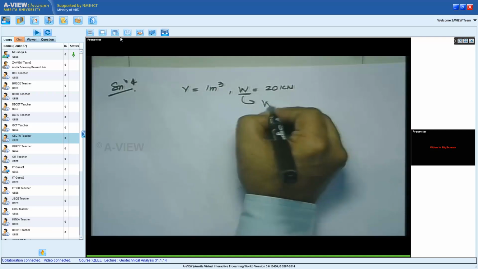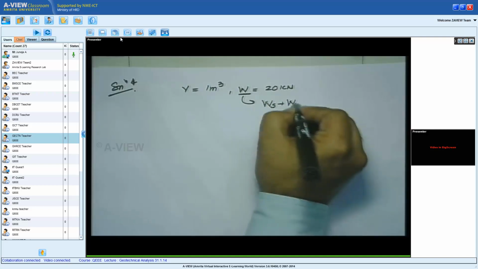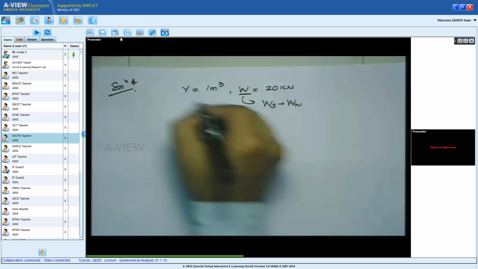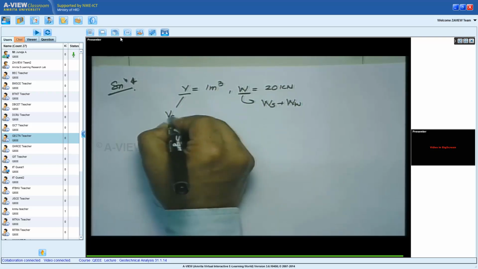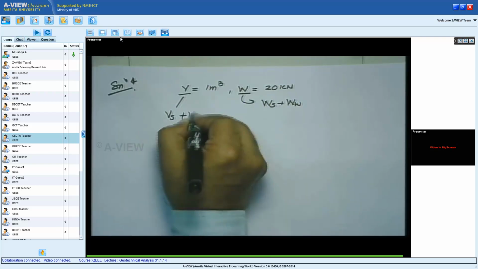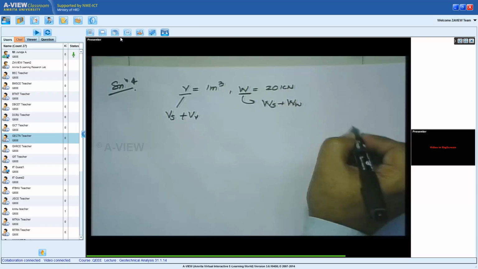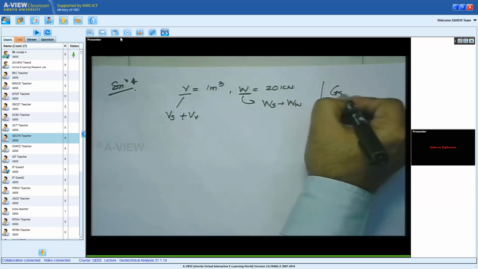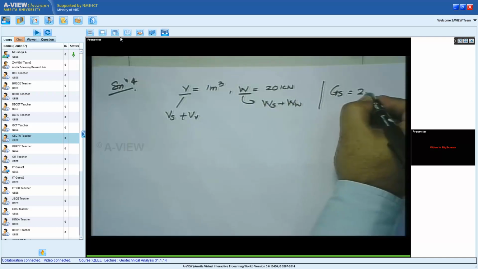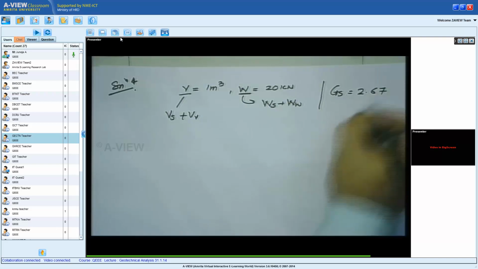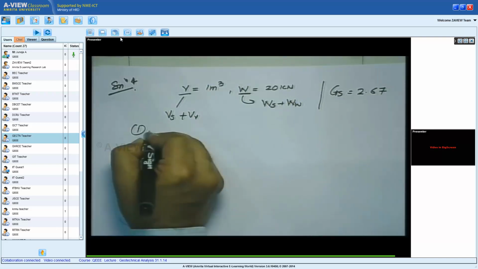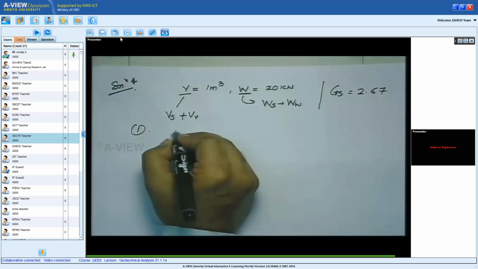Remember, this weight should include weight of solids plus the weight of water. And this volume should include volume of solids plus the volume of voids. Specific gravity GS is given as 2.67.